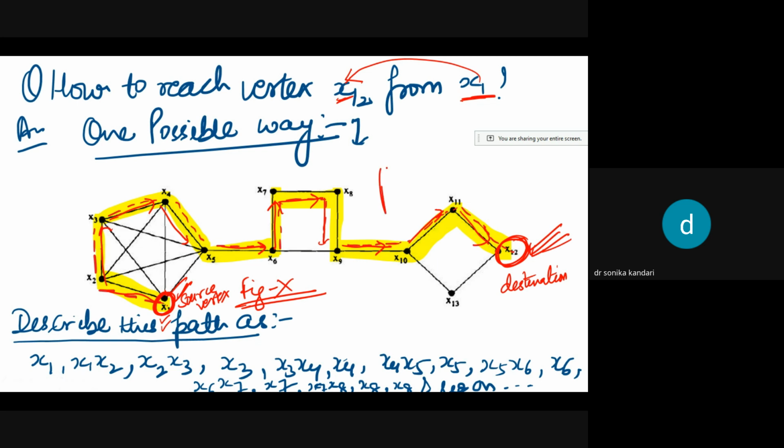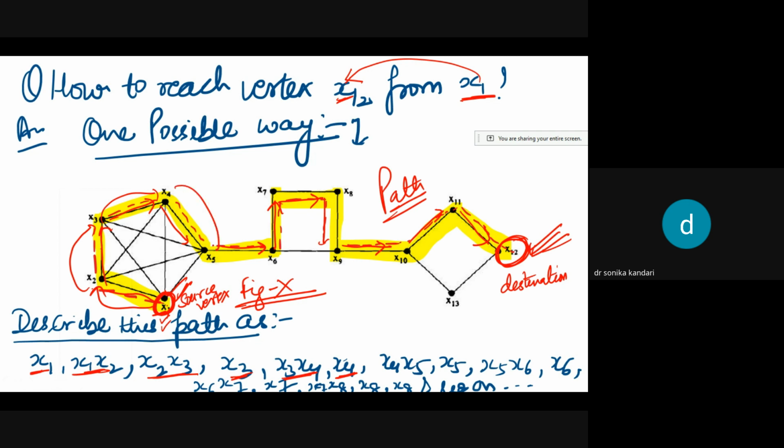So what is this path, and how are you going to show it? You have started with X1, so we write X1. Then X1 to X2, then you reached X2. Now X2 to X3, then X3 to X4. So now you are at X4.